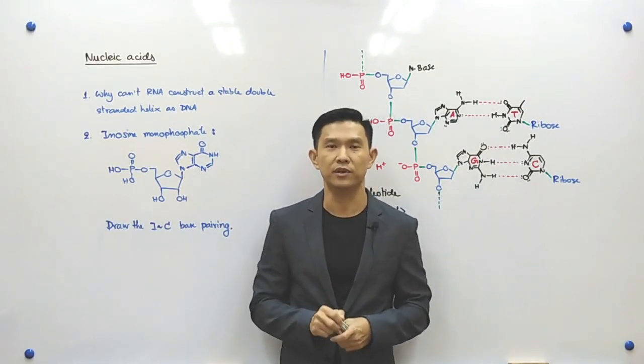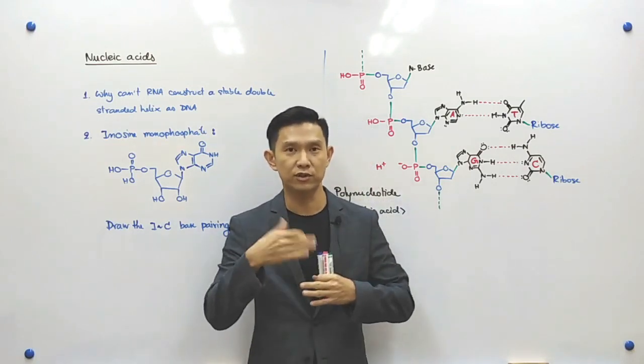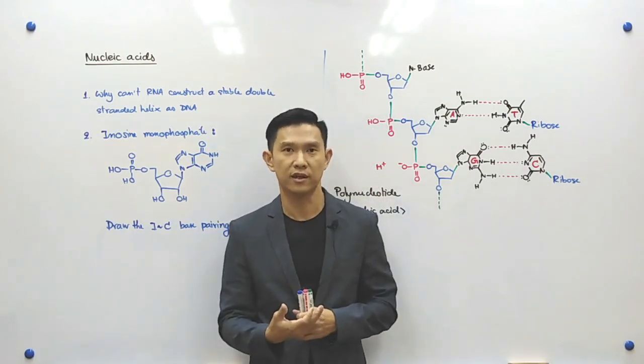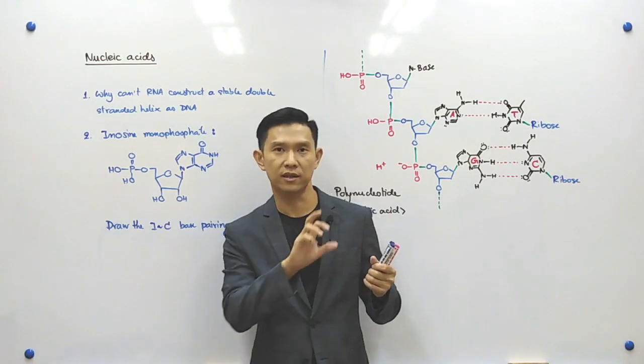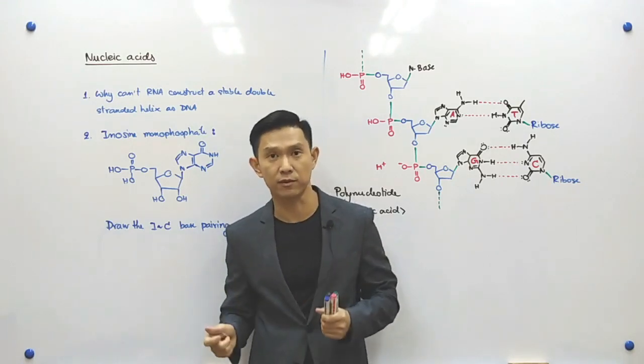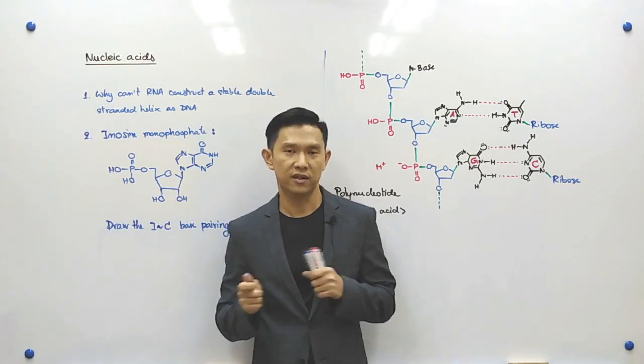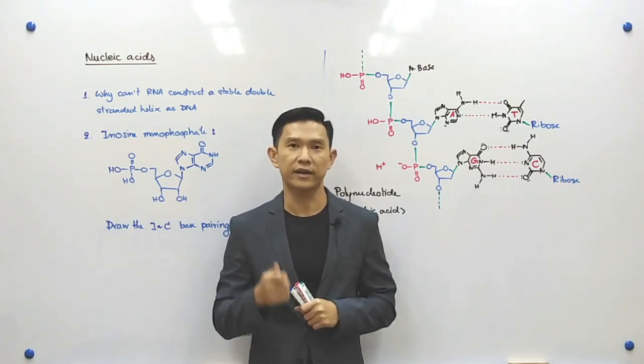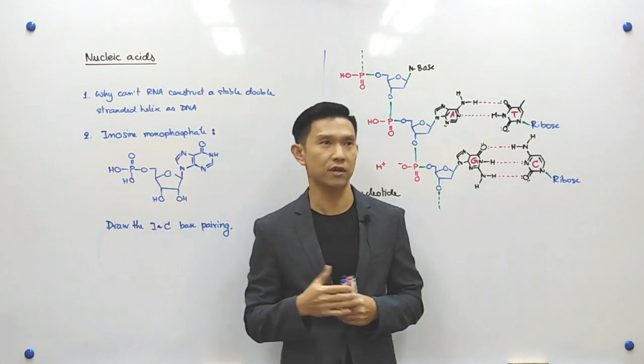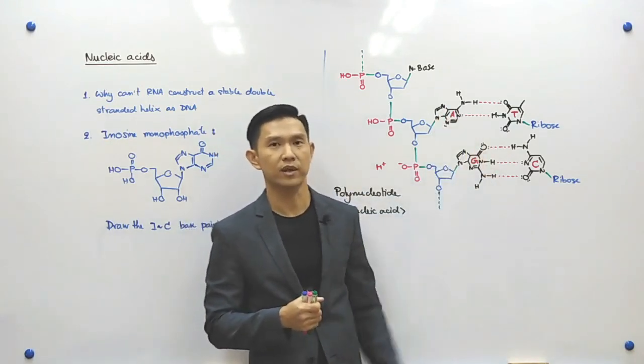Because as you know, when you see the structure of DNA, we normally draw it as a double-stranded helix, a very stable structure. But we never draw the structure of RNA in that kind of form, even though RNA can also make hydrogen bonds like this.